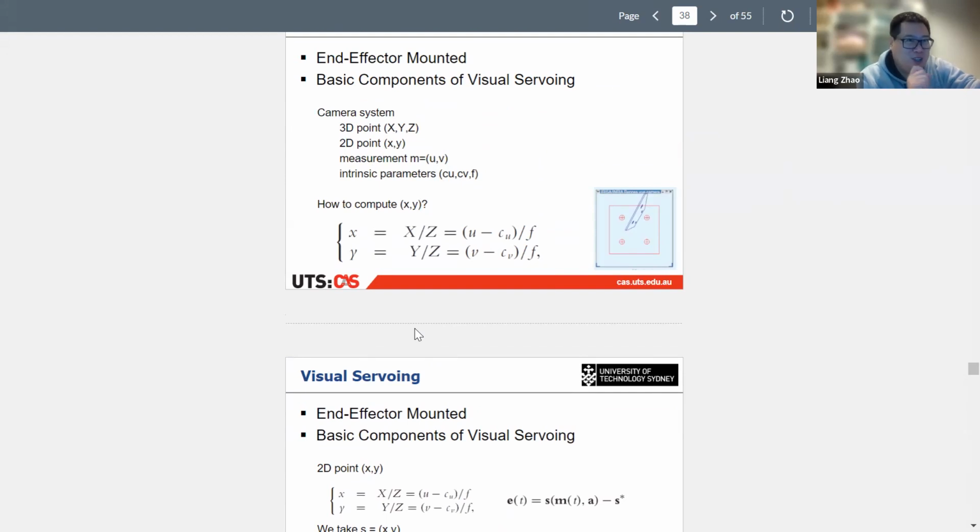When I first learned that, when I was a PhD student, I had the same question. My understanding is that if we convert to small x and y, then it is much easier to link it to the linear and angular velocity.